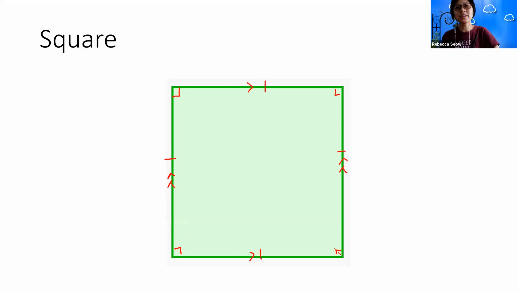Now, if you were to draw a diagonal and again, you will see that since a diagonal is drawn, each triangle is actually isosceles. Now, given that it's isosceles and one of the angles is 90 degrees, what we can say about these two angles being equal is that it is 45 degrees and 45 degrees.